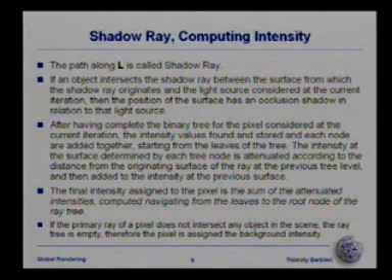The final intensity that you obtain is the sum of the attenuated intensities computed navigating from the leaves to the root node of the ray tree. If the primary ray of a pixel does not intersect any object in the scene, the ray tree is empty. Therefore, the pixel is assigned the background intensity, which you also have to declare.